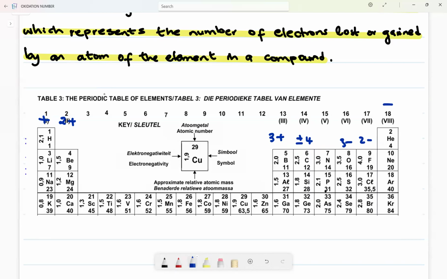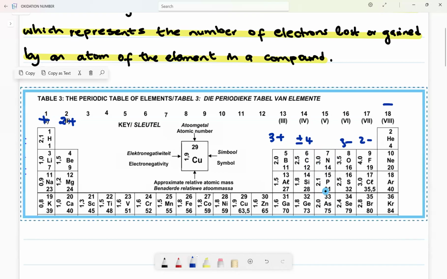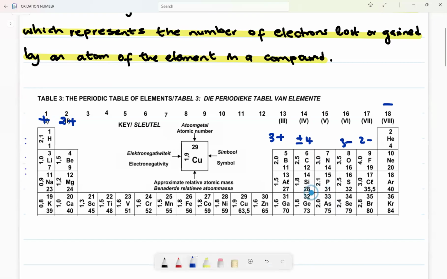But yeah, this is what we refer to as oxidation number.